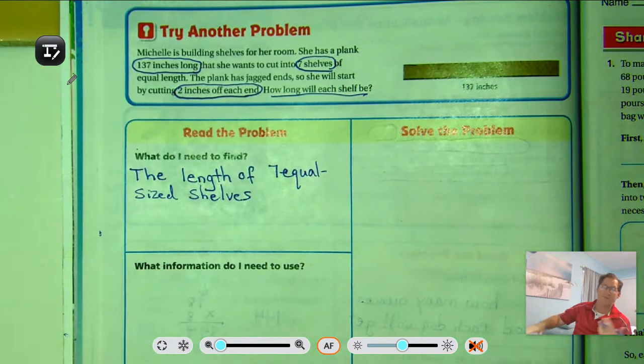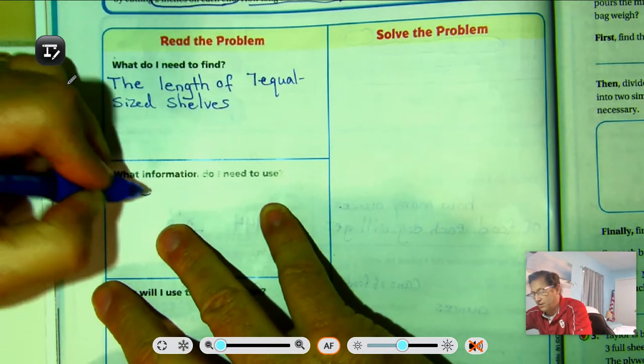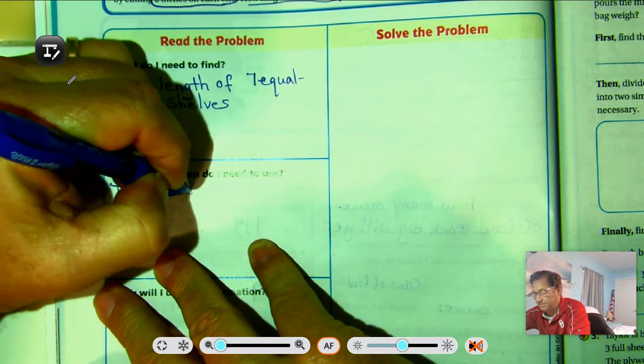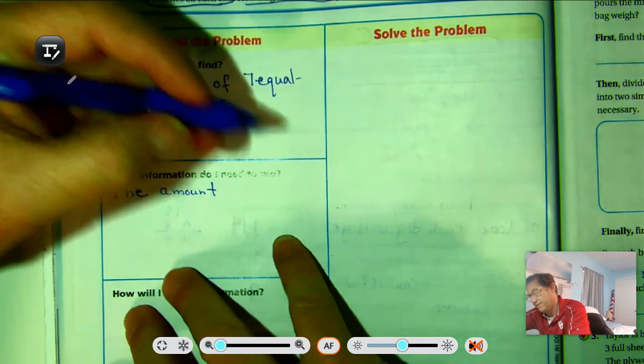All right. What information do we need then? Well, we need to start with the amount that's going to be cut off. Okay, the amount of wood that's going to be cut off each end.